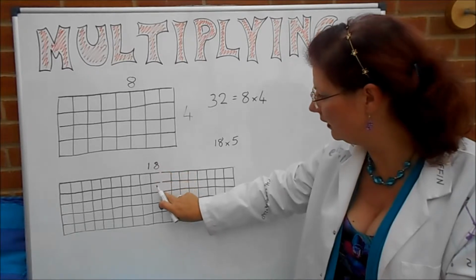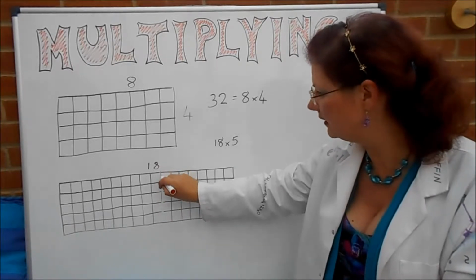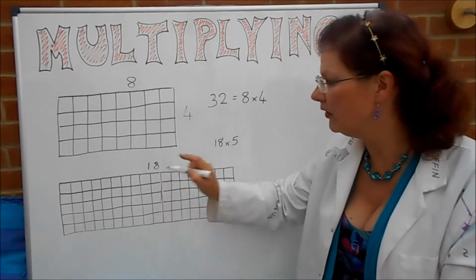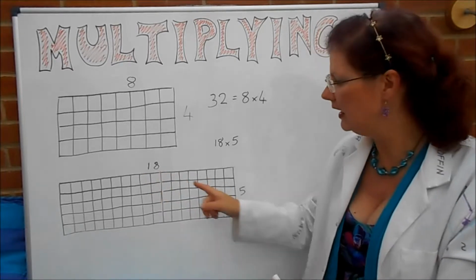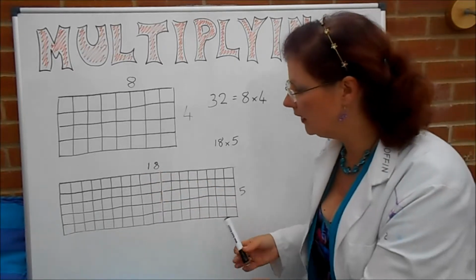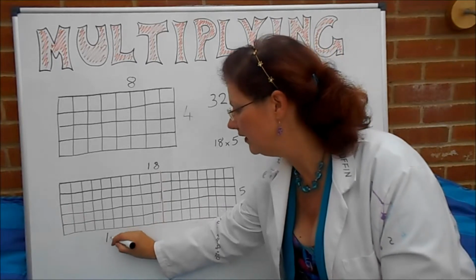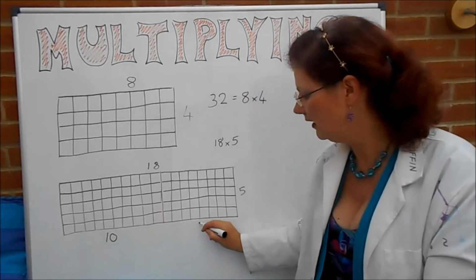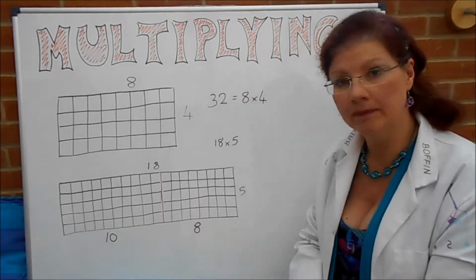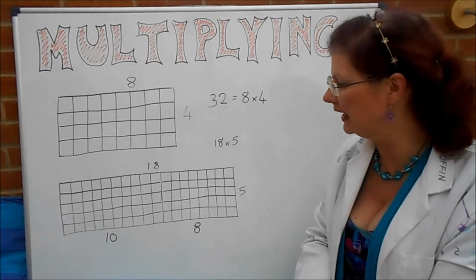So this, I think, should split it so that there are 10 squares on that side and 8 squares on this side. So what I've got now is a 10 and an 8. Instead of an 18, I've split it into a 10 and an 8.